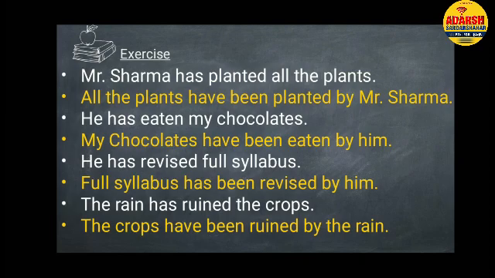So according to our second step, we put our object, which is my chocolates, in the place of our subject, and our subject, which is a pronoun. And I told you earlier in this video that if our subject is a pronoun, then we change its subjective form into objective form while we are swapping subject and object.